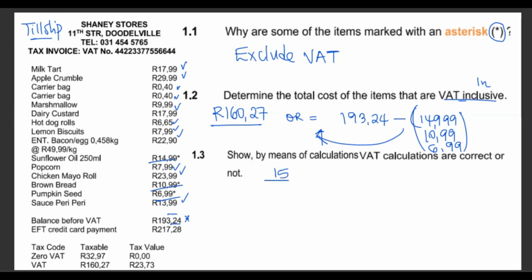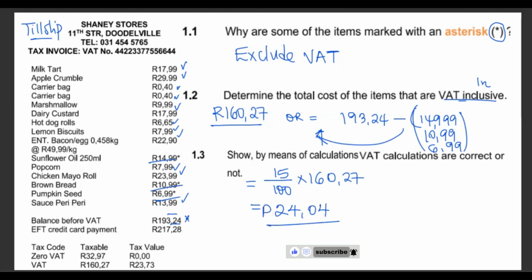So we say 15 over 100 times 160, which gives 24. So the VAT calculation here is invalid from our calculations.